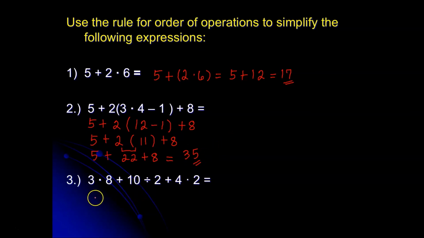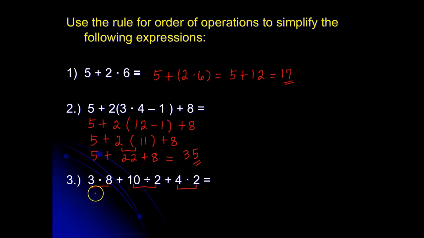Okay, now let's move to the third one. You can see a multiplication, an addition, a division, addition, and another multiplication. First, we will do the multiplication. Left to right, multiply and divide. So we can go ahead and combine this as well, and of course, 4 and 2 as well in multiplication.